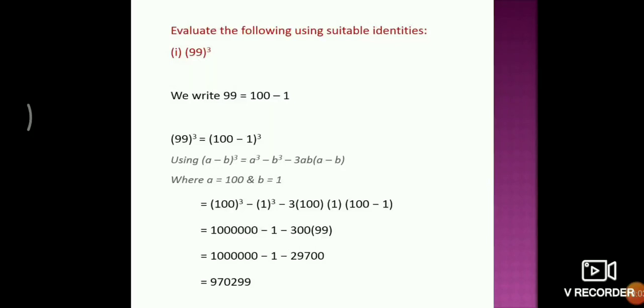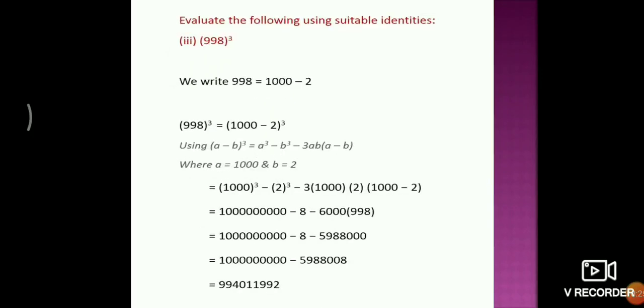Always keep it in mind whenever we calculate, it doesn't matter whether you are in second class, in 10th, in 12th, in graduation, or in post graduation, always use BODMAS. In many competitive exams also, numericals based on BODMAS are always there. Moving further, the third part I'm going to solve here. 998 whole cube can be written as 1000 minus 2.